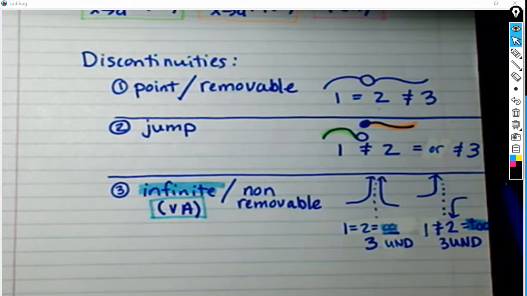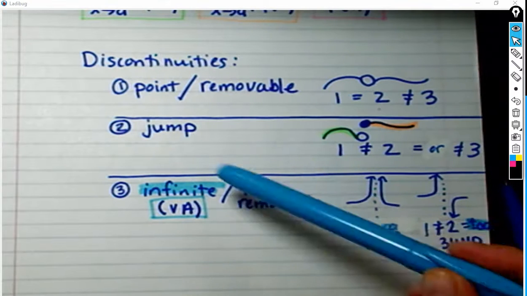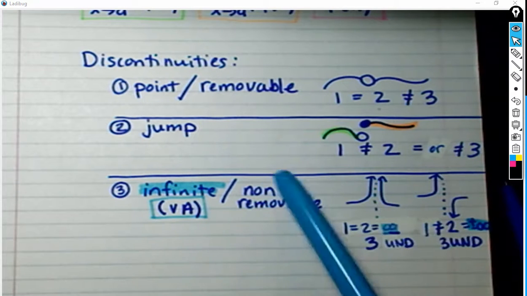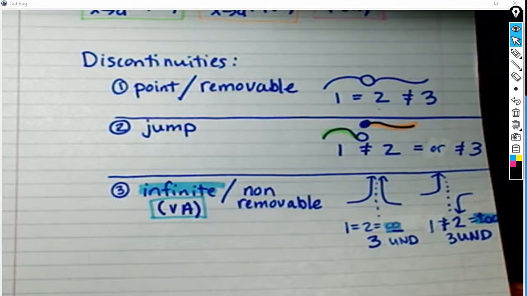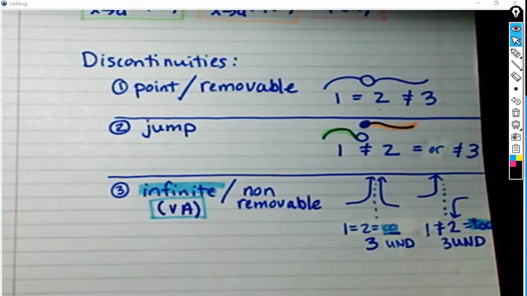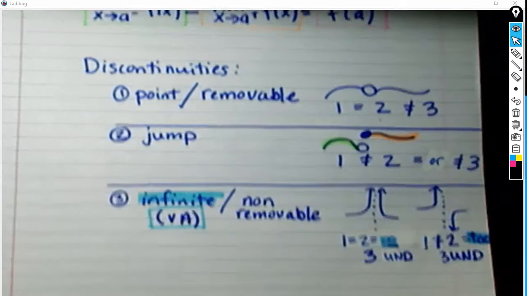All right, 4 vocab words: continuous, point or removable, jump, infinite or non-removable. So we're going to draw a picture, and then we're going to write the statements and label it with words that describe it. All right. Ready? Okay.